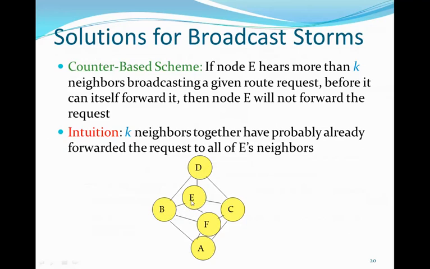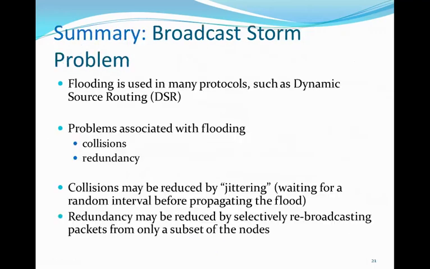Look at this. You can see that E knows that B is a neighbor with node D and node F. So therefore, E should not forward the same packet to node F and node D. Similarly, E received the same packet from C, and E knows that node C has neighbors F, D, and E. And when I am receiving the packet from node C, it means that it is already received by node D and node F, as they also come in the neighborhood of node E. So therefore, node E will keep silent, not to create extra traffic inside the network.